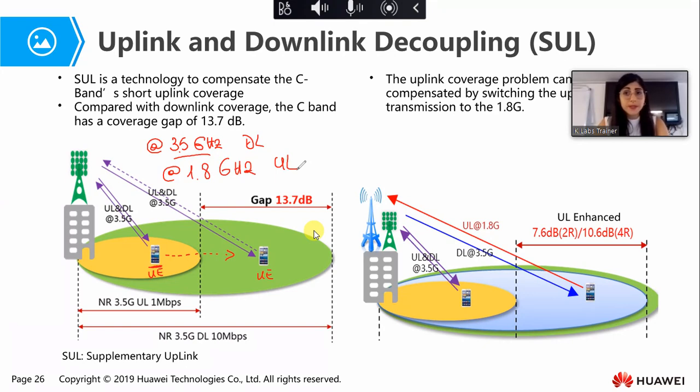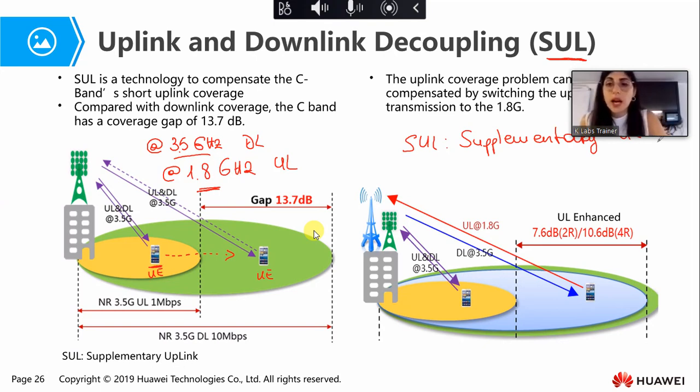We will find this low frequency dedicated to uplink and downlink decoupling referred to as a supplementary uplink. SUL stands for supplementary uplink. So in our spectrum, we will have our supplementary uplink frequencies, which are the frequencies that are used to perform uplink and downlink decoupling.